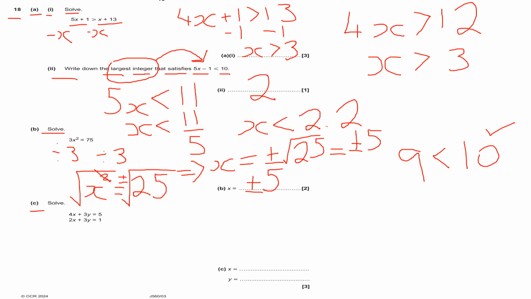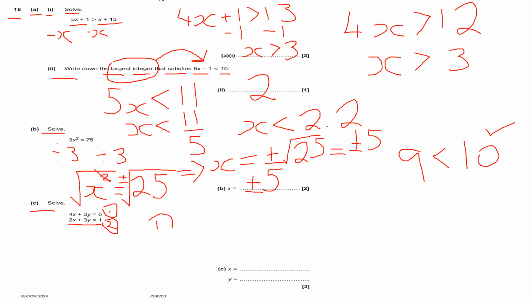Part (c), solve a pair of simultaneous equations. 4x plus 3y equals 5, 2x plus 3y equals 1. Label it equation 1 and equation 2. Now, because my y's are the same and have the same signs, I can do equation 1 subtract equation 2.